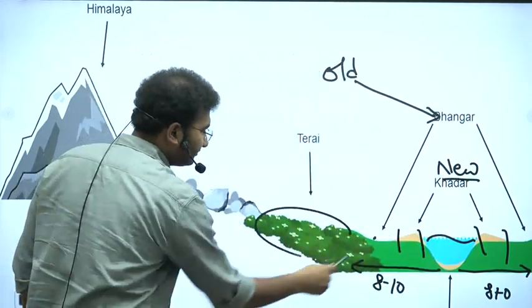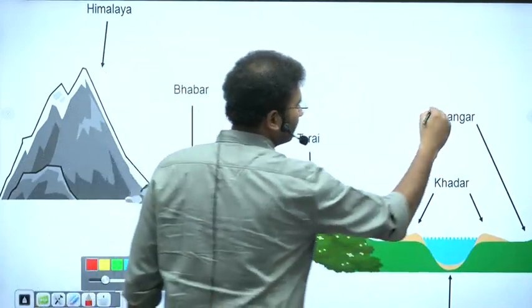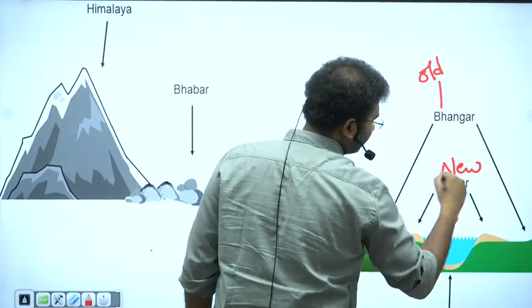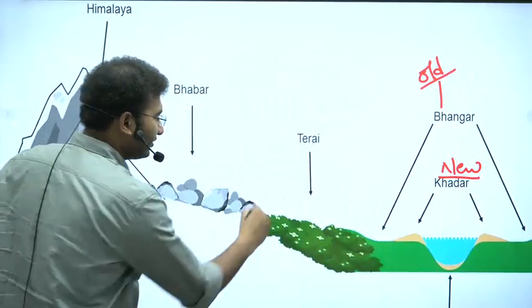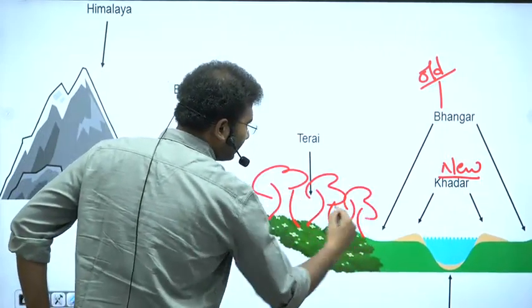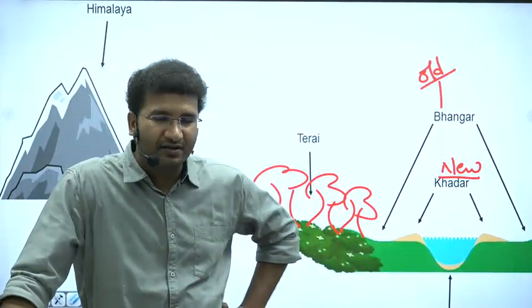And Terai, right? So in the Terai you have good vegetation. Terai is full of swampy, marshy areas, mosquitoes, diseases.